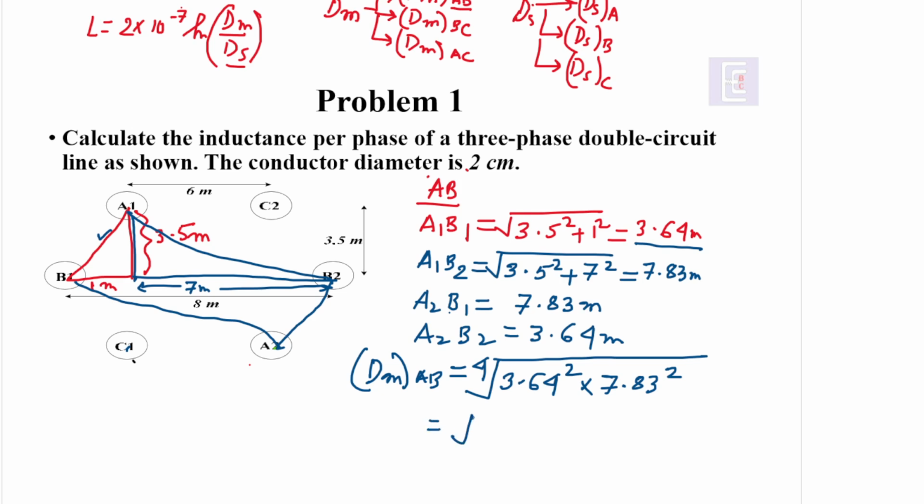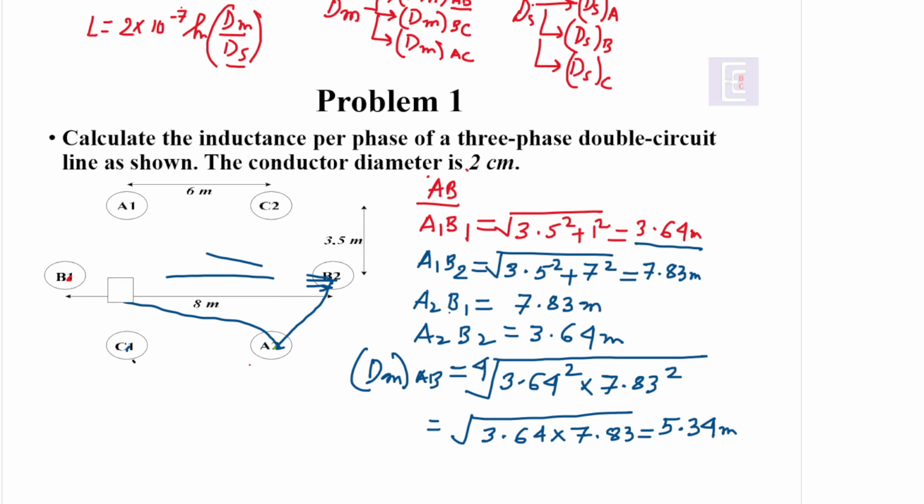In other words, you can write this expression as the square root of 3.64 into 7.83. That is found to be the mutual distance between A and B, 5.34 meter. So we have calculated the mutual distance between A and B as 5.34 meter. In this way, all the dm or ds should be calculated.